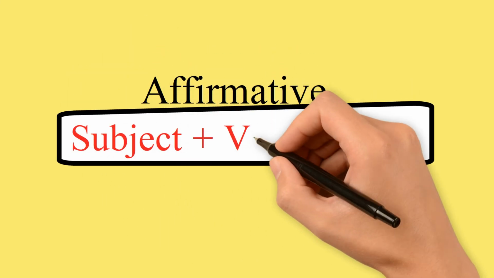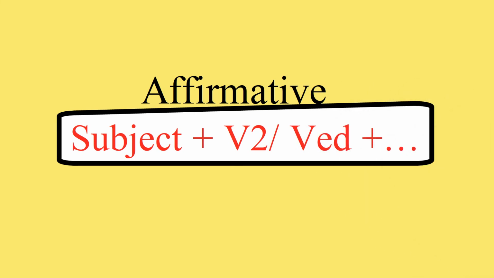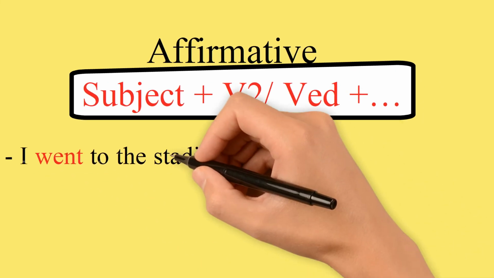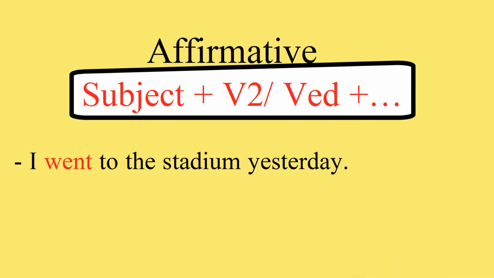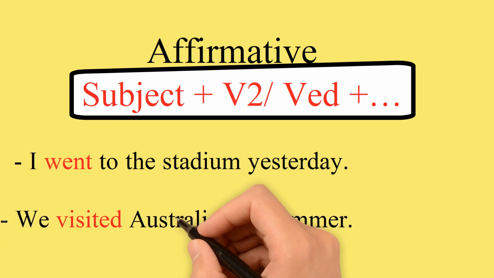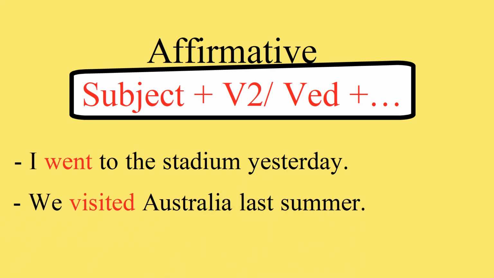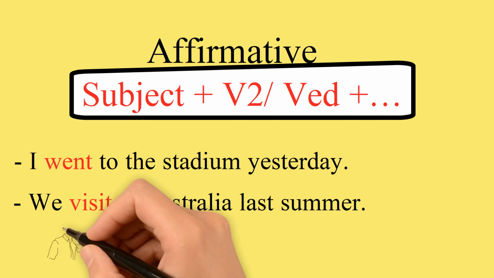Verb 2 or verb-ed is the simple past tense verb, irregular or regular. For example, I went to the stadium yesterday. We visited Australia last summer.